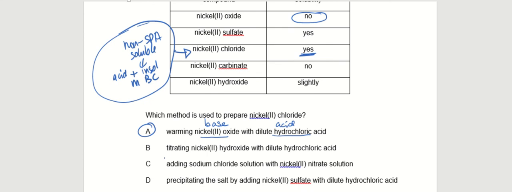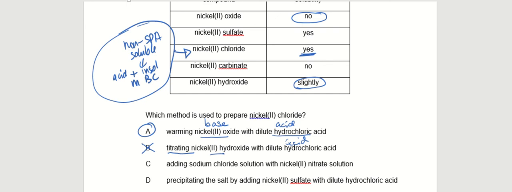For B, titrating nickel 2 hydroxide with hydrochloric acid. In order to do titration, both materials must be soluble. We know hydrochloric acid is soluble, but nickel hydroxide is only slightly soluble, so we cannot do titration with something which is only slightly soluble.